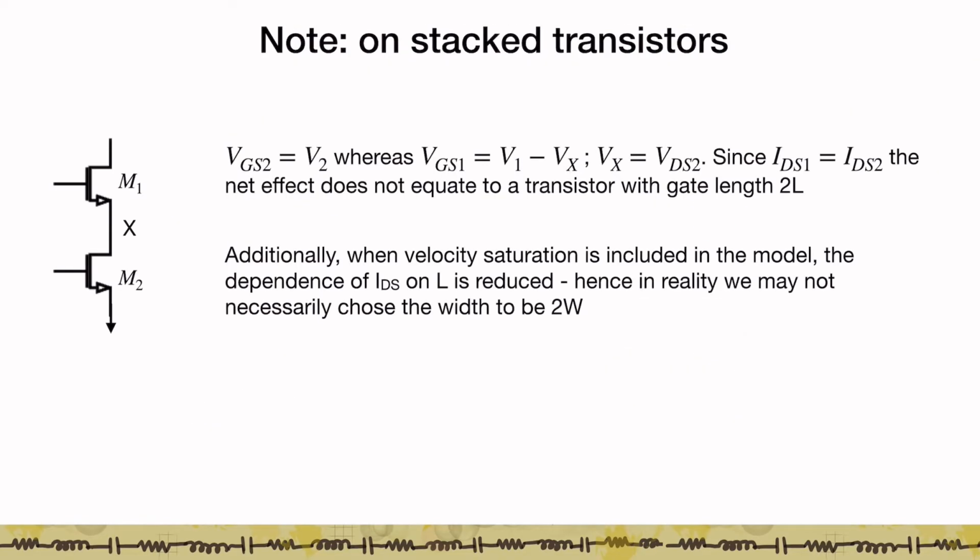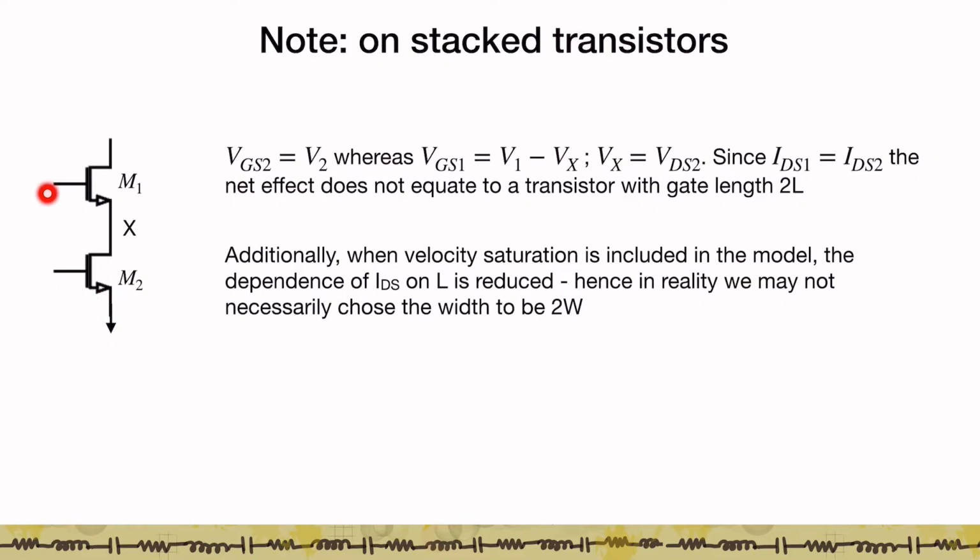Now, just a note on the stacked transistors. Please remember that when we look at an NMOS stack like this, we size it up as 2 times. When we do that, we're essentially assuming that both these transistors are operating identical to each other. Two things to keep in mind: one, when the gate of M2 is at VDD, the VGS of M2 is VDD.